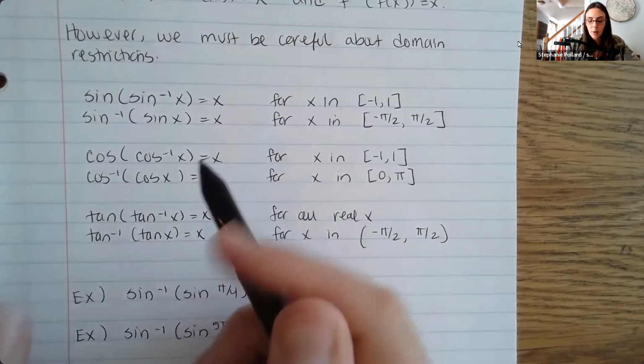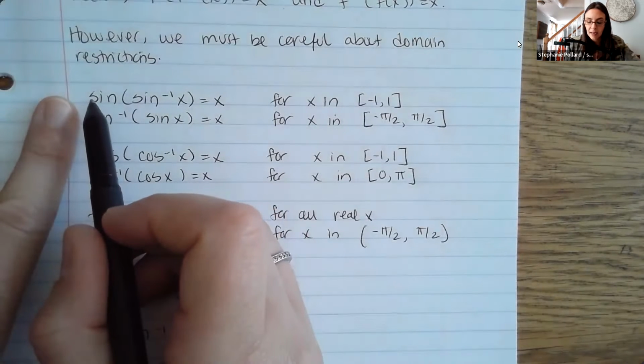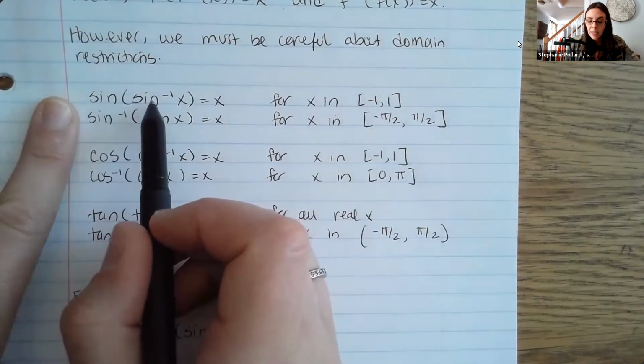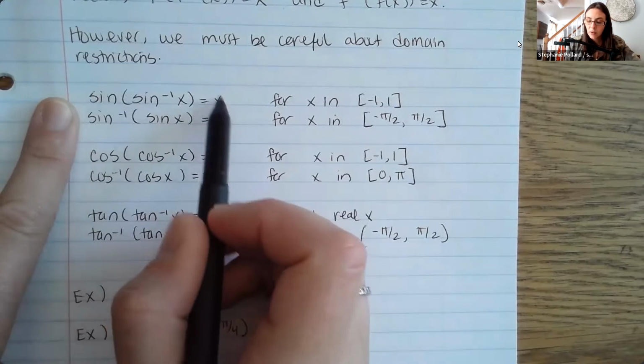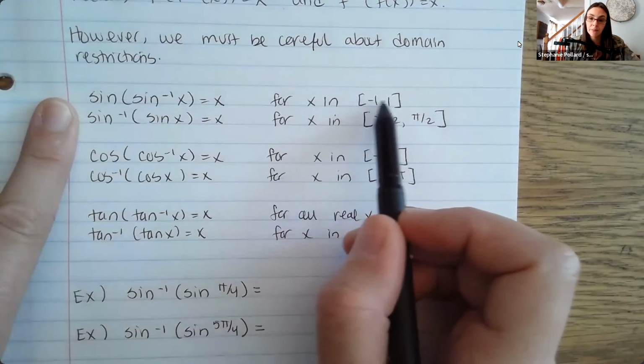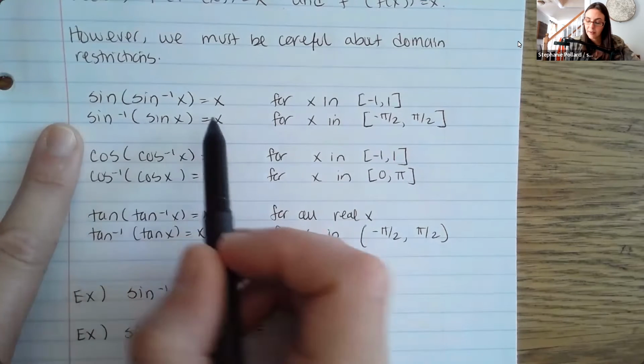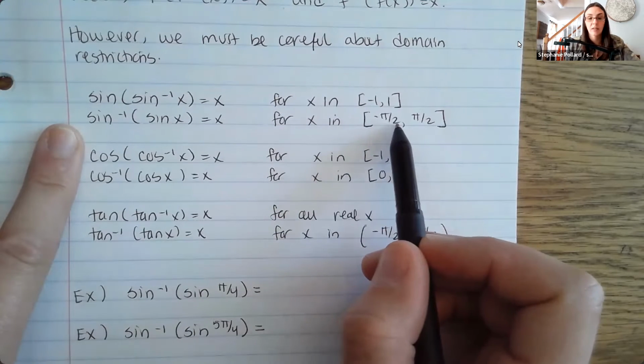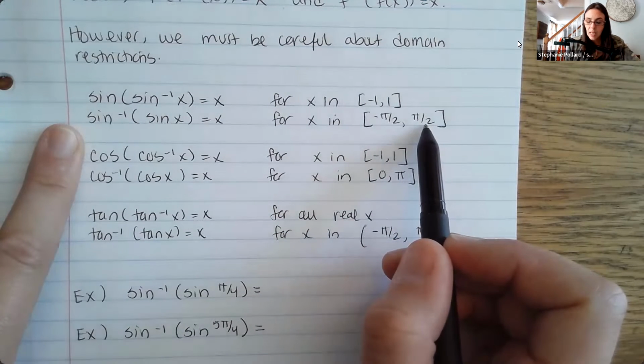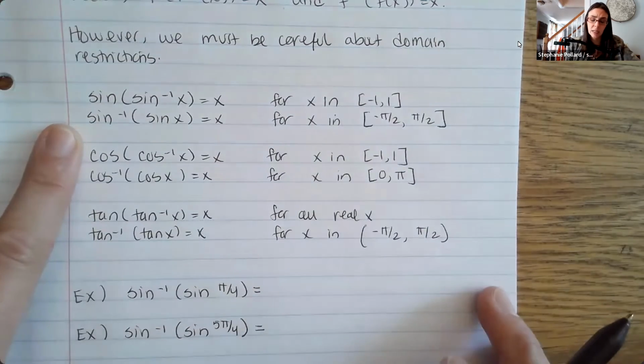So when we're composing with sine on the outside and then inverse sine on the inside, again, they do cancel, but it's only for x values between negative 1 and 1. And when we reverse the order, this only works for x values between negative pi over 2 and positive pi over 2. And then you have similar restrictions with cosine and tangent.